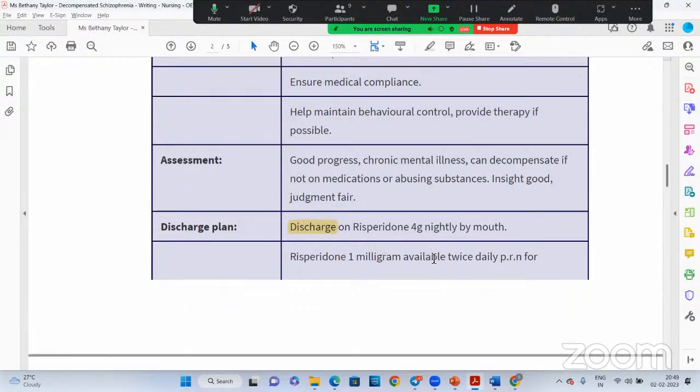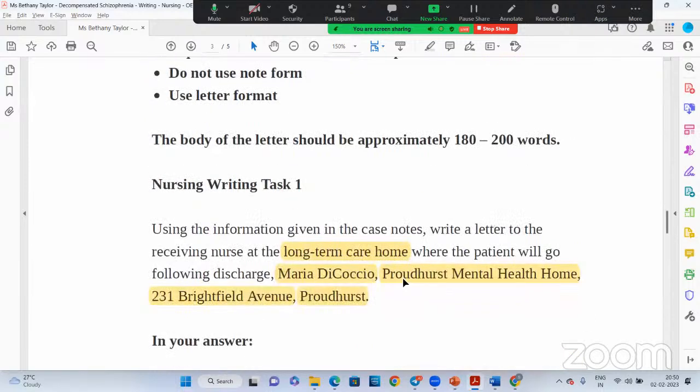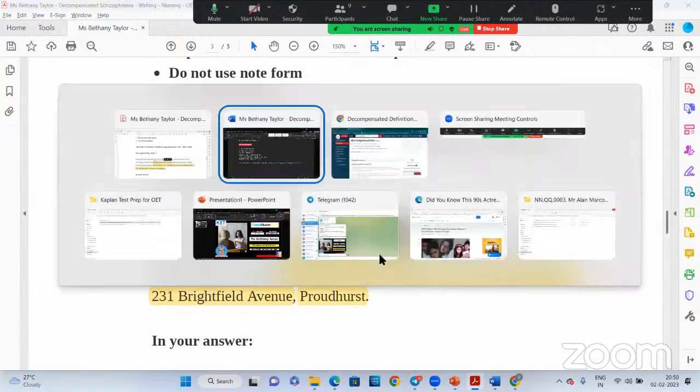Here it is, follow-up. That's what is given. Two pieces of information, so that's a little confusing. So follow-up, management, care, long-term care, ongoing care.